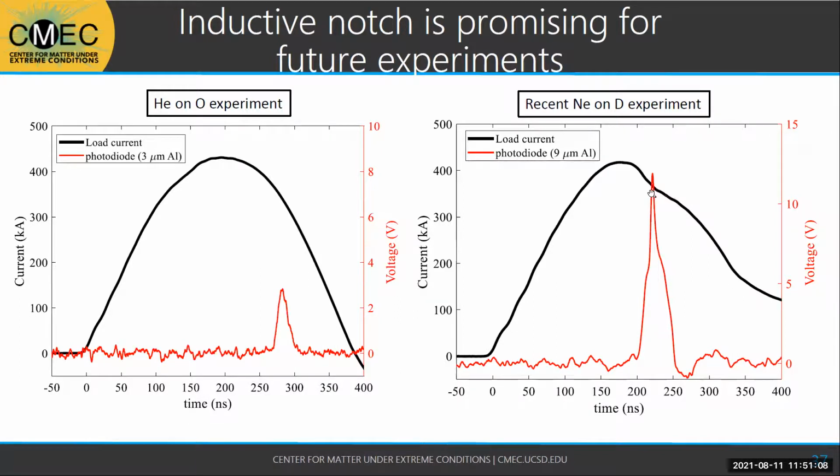Although not very pronounced, it's something that I think will have an impact on the current distribution. So the next set of experiments are going to try to optimize that better and see how the current distribution looks while we actually have inductive notches in the current profile.